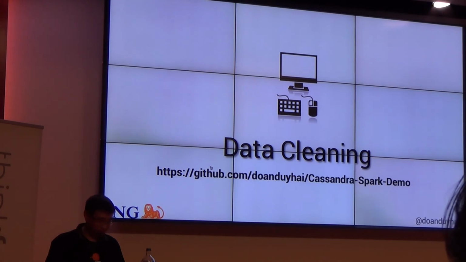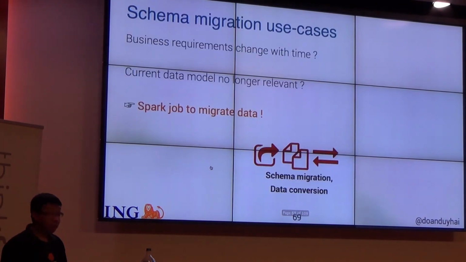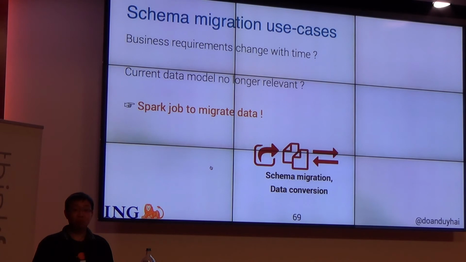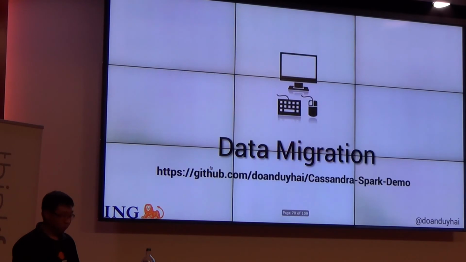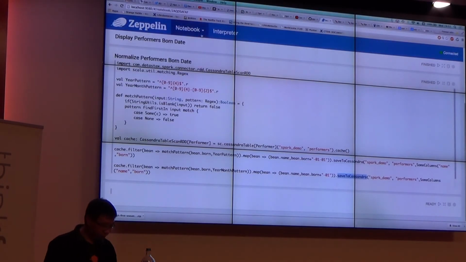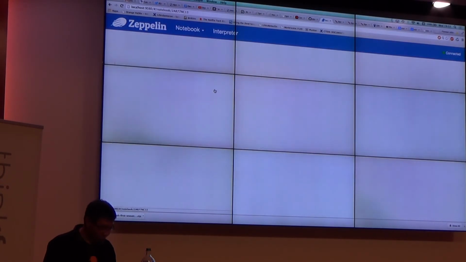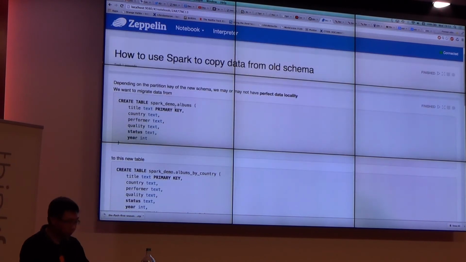So, data cleaning. Schema migration. I have designed a table for Cassandra for my business use case. 2 years later, my business will change. I need to migrate my data, right? Use a Spark job. So, I have my album table. The partition key is the title of the album.